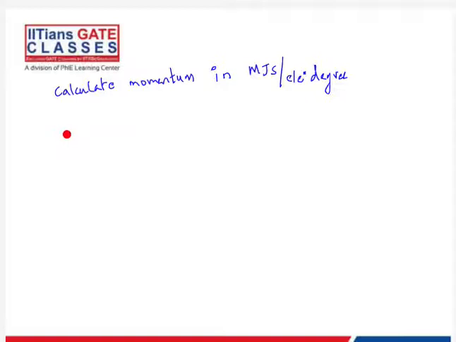So what is M? We can do it two approaches. M is SH divided by 180F.